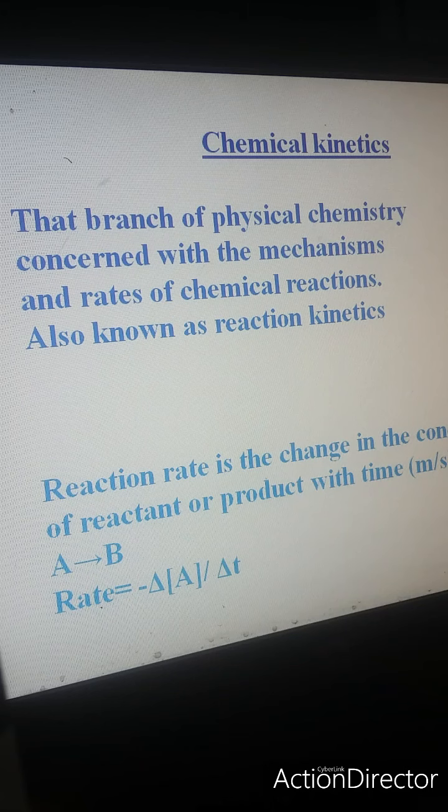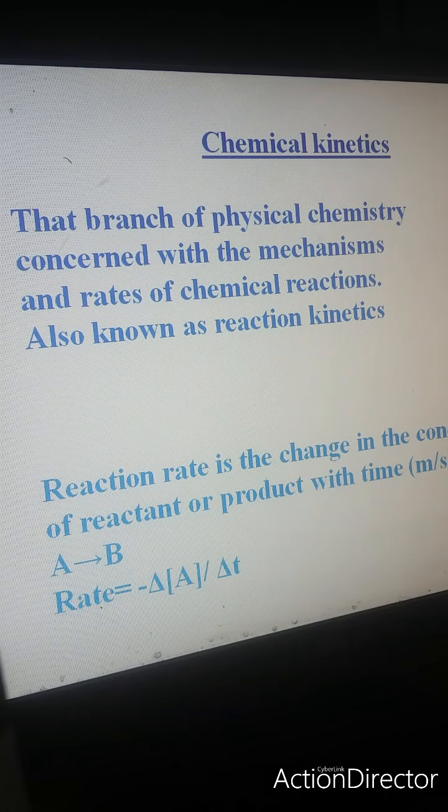Now what actually is the rate? Rate means the change in the concentration of reactant or product with respect to time. If we consider a reactant A which is getting converted into product B, there will be a change in the concentration of A and B with respect to time.